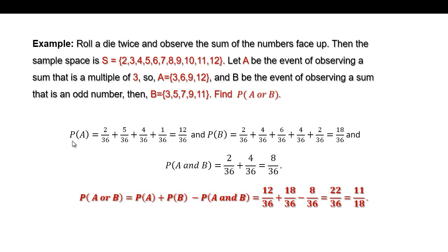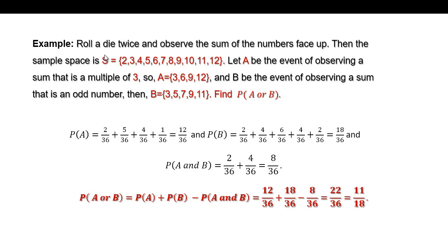How do I find the probability of A? I just add up the probabilities of the outcomes in A. If you recall from our previous examples, the probability of 3 is 2 over 36, the probability of 6 is 5 over 36, the probability of 9 is 4 over 36, and the probability of 12 is 1 over 36.